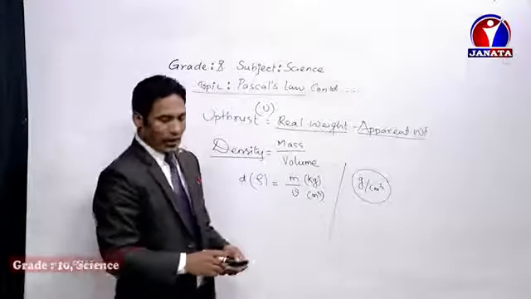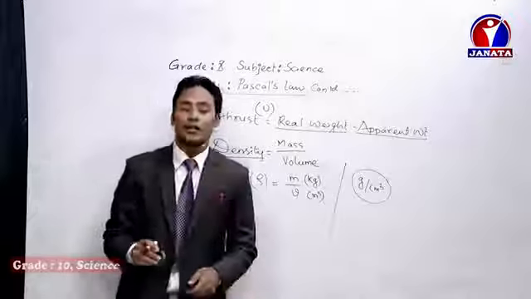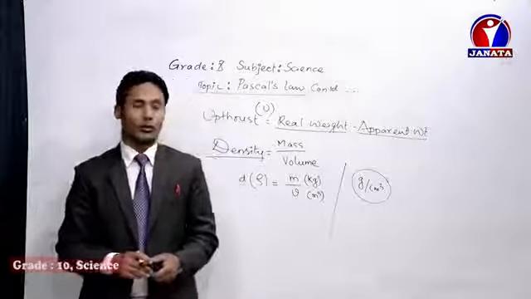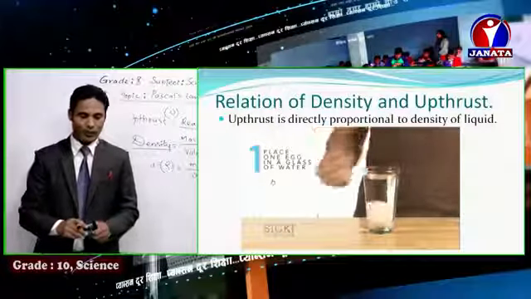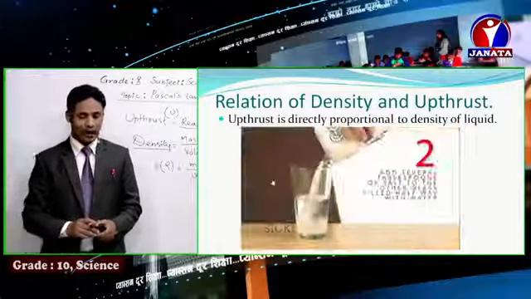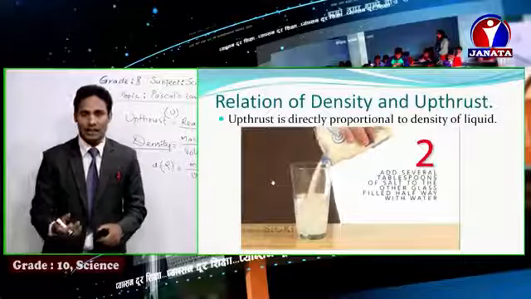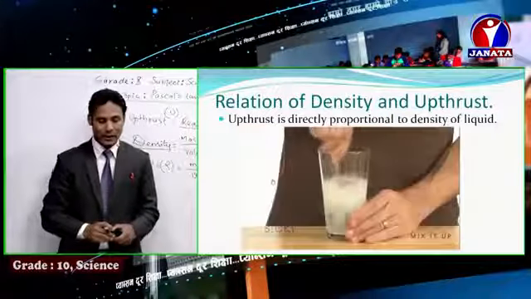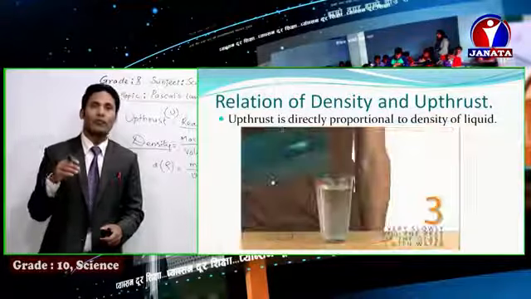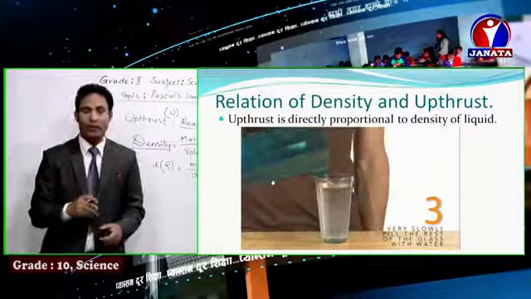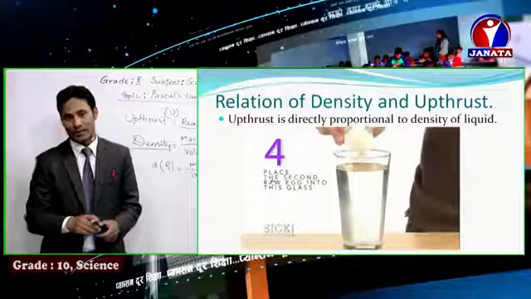Now, let us see the relation of density and upthrust. You can see a video over there about the relation of density with the upthrust. What is shown is that when the egg is kept in pure water, it will sink, right?